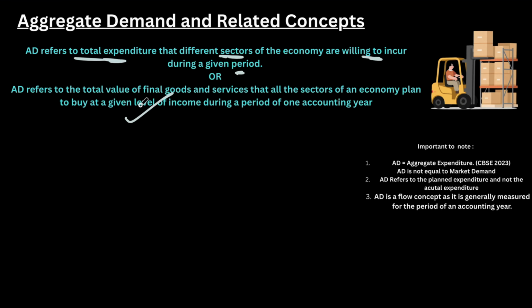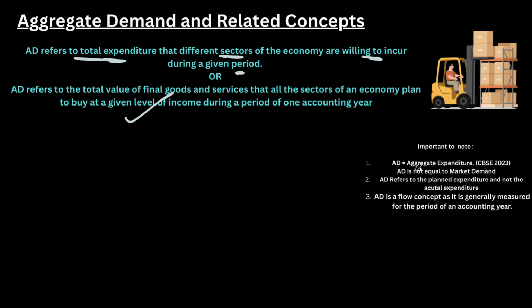Important points to remember about aggregate demand, which was also asked in CBSE 2023: whether aggregate demand is equal to aggregate expenditure. Many students got confused with it because there was some different confusing terminology. So please remember that it had come as an MCQ question, and aggregate demand is also called aggregate expenditure and not aggregate consumption.